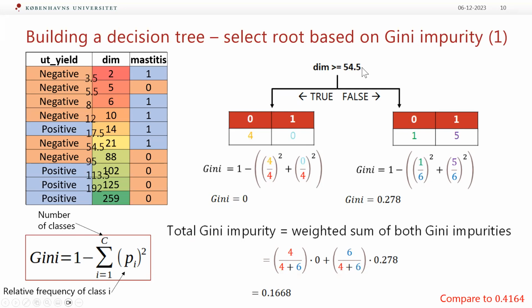If we use that as our root node, we get a total Gini impurity of 0.1668, which is less than 0.4164. And remember, we want the impurity to be as low as possible, so this is selected as our root node.